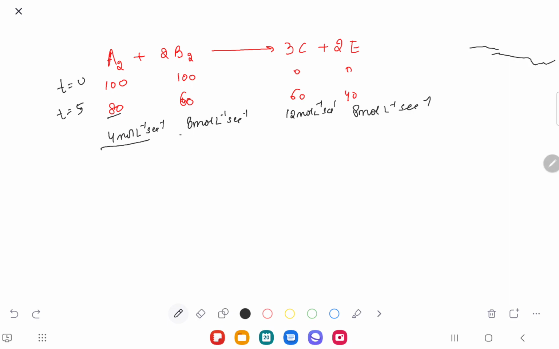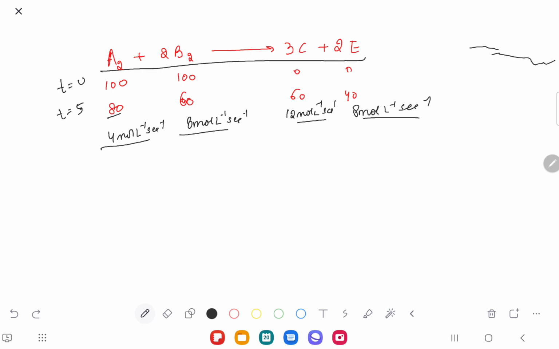But these are different values. I don't want these different values, Shruti. I want one single value for this entire reaction. So what do you think I should do? Don't you think that if I divide 4 with 1, divide 8 with 2, divide 12 with 3, and again divide 8 with 2, I get 4, 4, 4, 4?